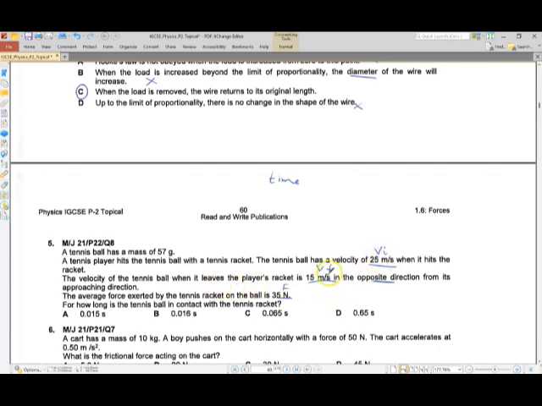As the final velocity of the ball is in the opposite direction, if this was our racket, when the ball was coming in, it was coming in at 25 meters per second. When it hit the racket and went off, the final velocity is 15 meters per second, and as the direction of the ball has changed, one of them has to be negative.